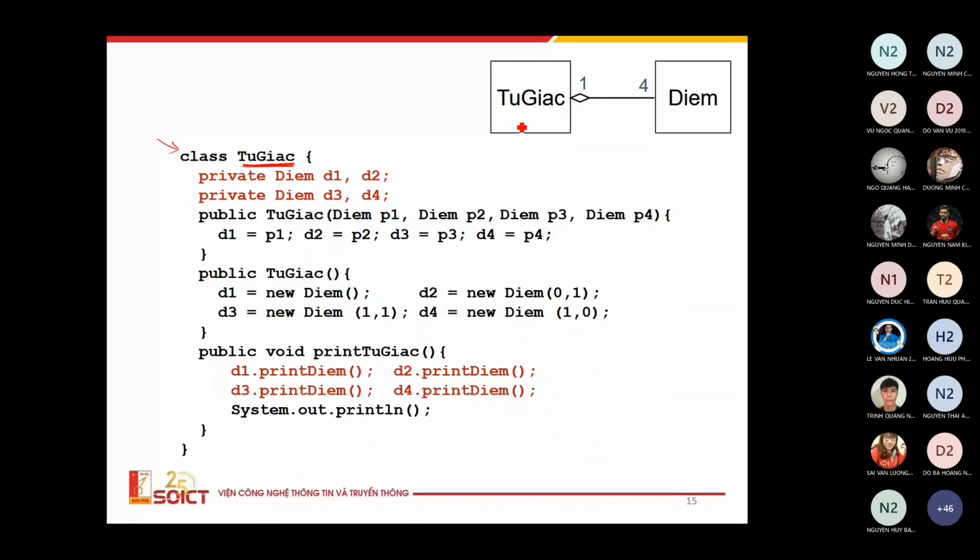That means the rectangle is composed of 4 points, so it will have 4 attributes, corresponding to the 4 points, or 4 objects of the existing class named điểm.